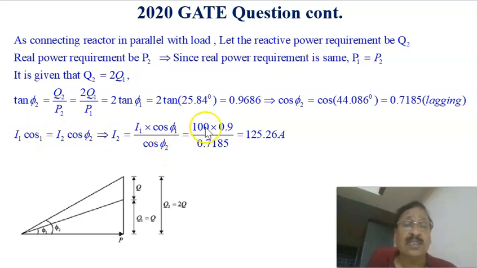For the first case without the reactor, 100 amperes, cos phi 1 is 0.9 and cos phi 2 is 0.7185, so I2 is equal to 125.26 amperes.